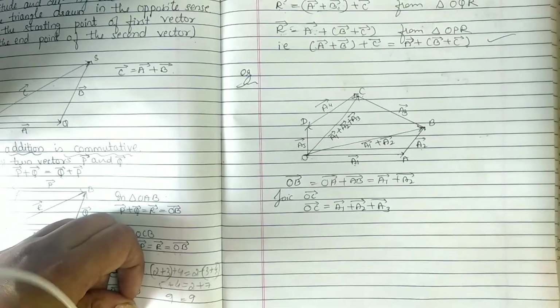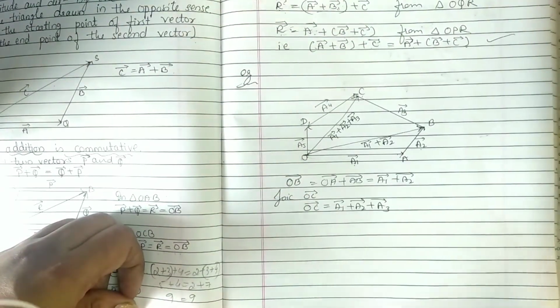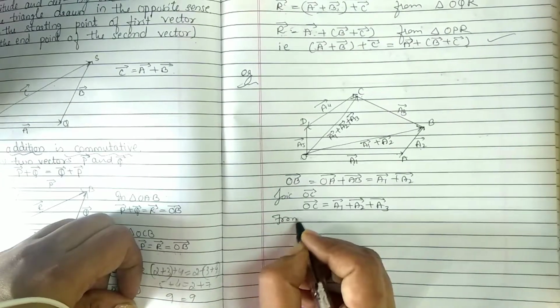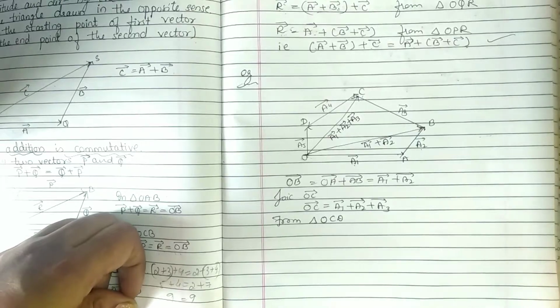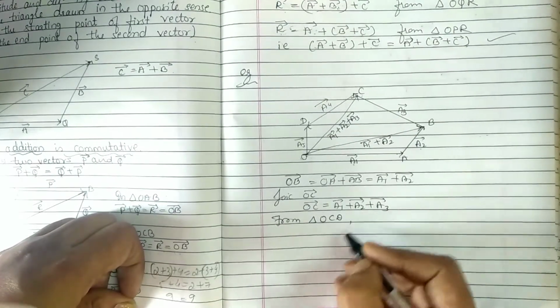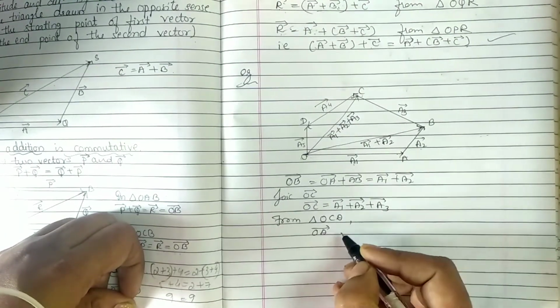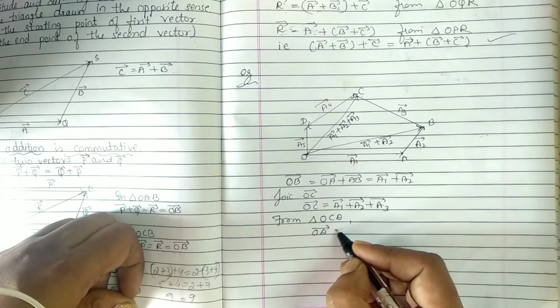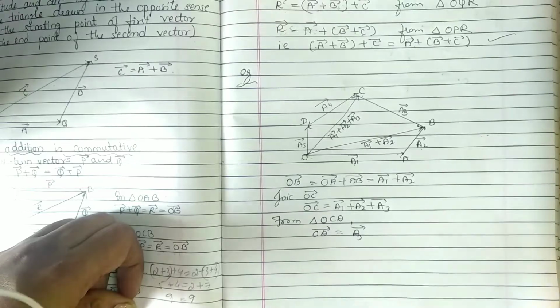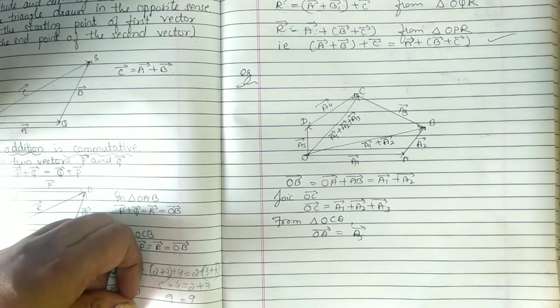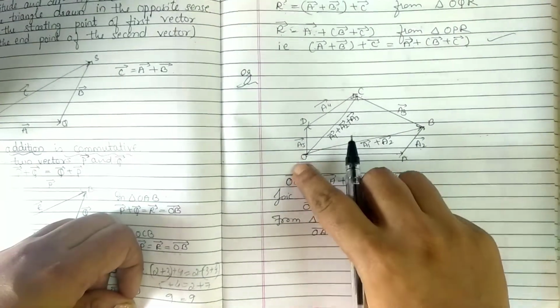So if you take triangle OCD now, which is left, can I write OD? OD is equal to A5, which is already given as A5, equal to OC.